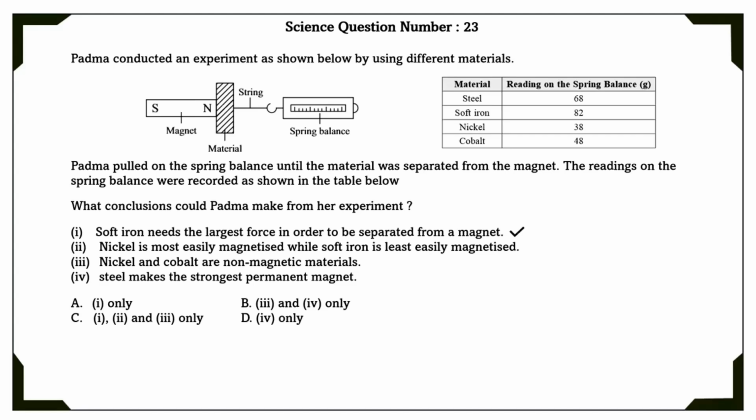Yes, it is true. Second one, nickel is most easily magnetized while soft iron is least easily magnetized. This is false. She can't find this out of her experiment. Third one, nickel and cobalt are non-magnetic materials. This is also false. Fourth one, steel makes the strongest permanent magnet. This is also false. So the correct option is the A option.